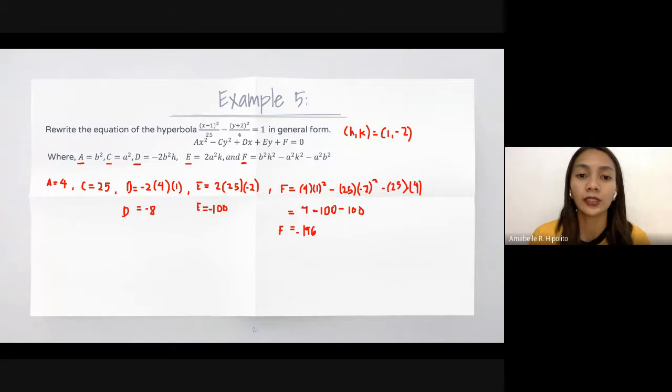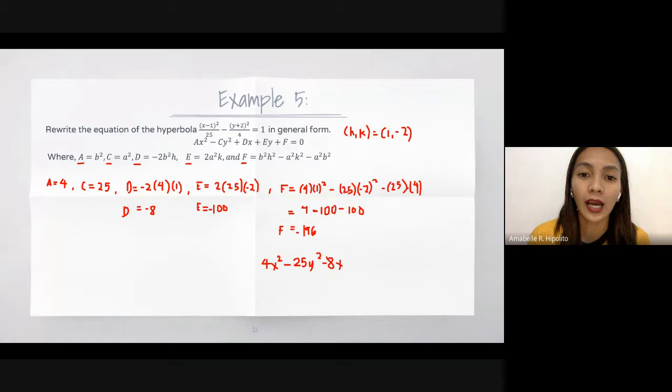So now, we're just going to substitute. Our A is 4, so we have 4x squared, minus, since this is subtraction, our C is 25, so 25y squared. Next, our D is equal to negative 8, so minus 8x.